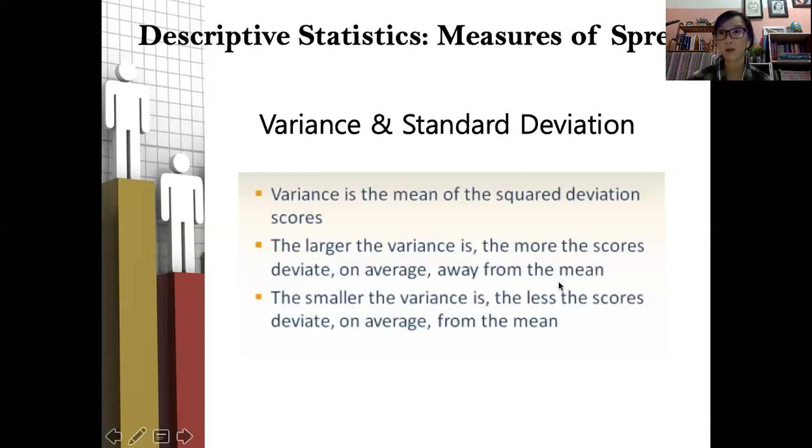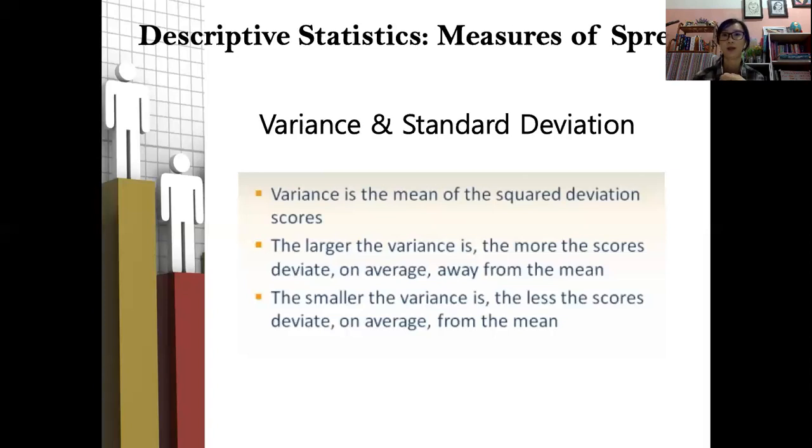Are the individual scores in that particular data set close to the mean or far away from the mean? Nilai-nilai individu yang ada di dalam satu dataset, apakah nilainya ini berdekatan dengan nilai rata-ratanya, ataukah jauh dari nilai rata-ratanya?